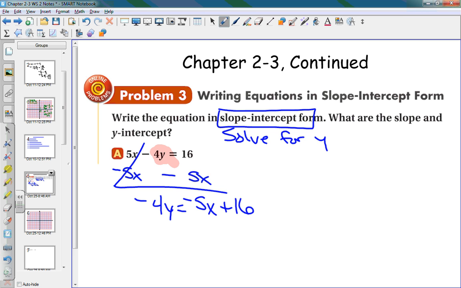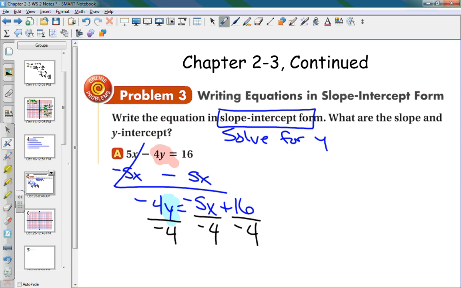Now what do I do? I'm solving for y, so what's attached to it? How do I get rid of it? We're going to divide each and every term on the left and the right side of the equal sign by negative 4. Not both sides, but each term.